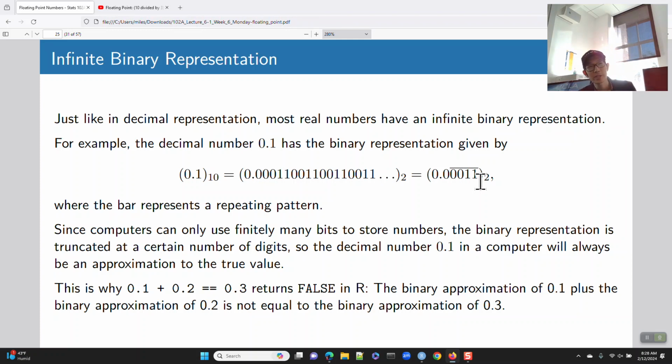And again, we can't represent this exactly, so it gets cut off, and we're not able to represent the number 0.1 perfectly. When you try to do this, you get just some kind of approximate value. And when you have 0.1 and 0.2, and you ask, is that equal to 0.3? Basically, the binary approximation of 0.1 plus the binary approximation of 0.2 is not equal to the binary approximation of 0.3. And this is the central crux of the problem here.